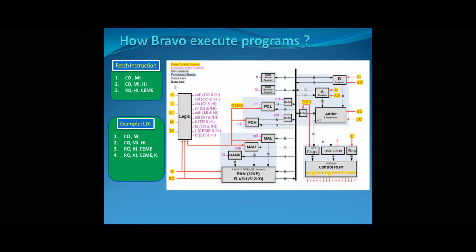As soon as we bring the HI signal low, the inverted HI is going to go high automatically, and when combined with the counter out signal, that gives us another signal which we could use for the low byte of the program counter.